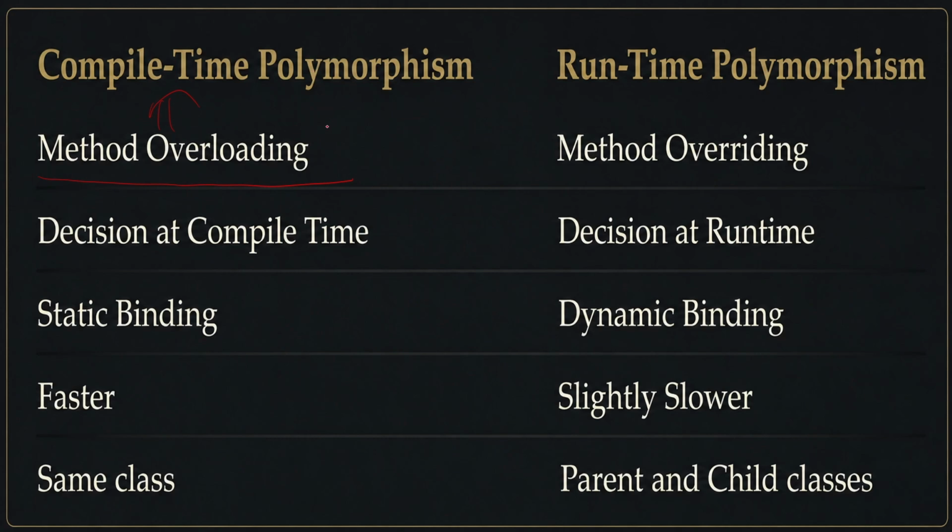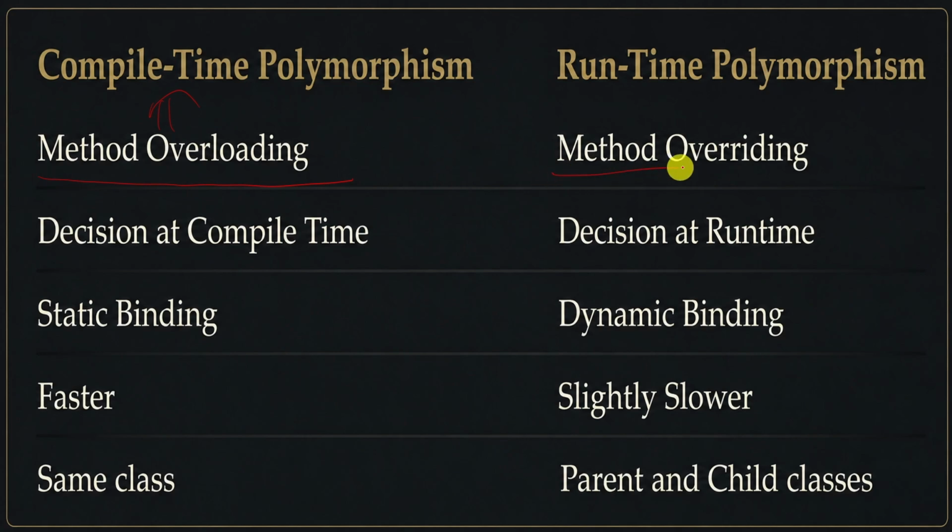In the method call we check the number of parameters and the data types, and based on those we do the method binding. If it has 2 parameters, then we look for the method definition with 2 parameters. On this basis, method binding happens.